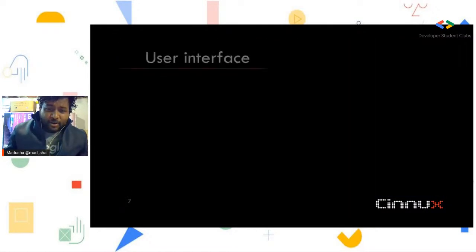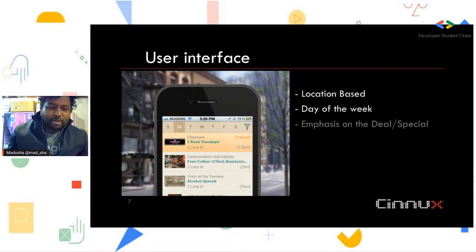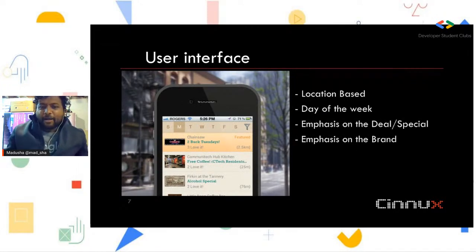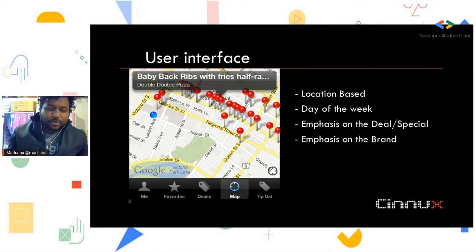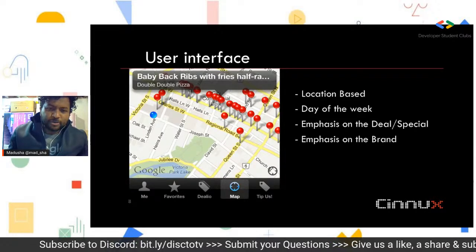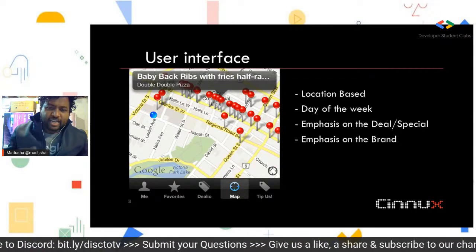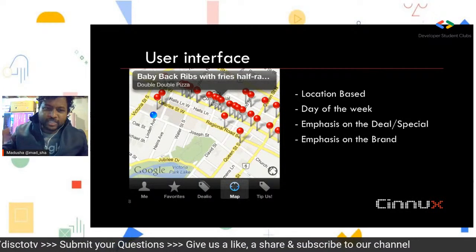Okay, so again, I'm going back to the design. This is what I presented to this company. Location-based, daily, blah, blah, blah, all this business school nonsense, highlighting how easy this platform is. I've seen some of your presentations and workshops, and I noticed that you are following this trend.